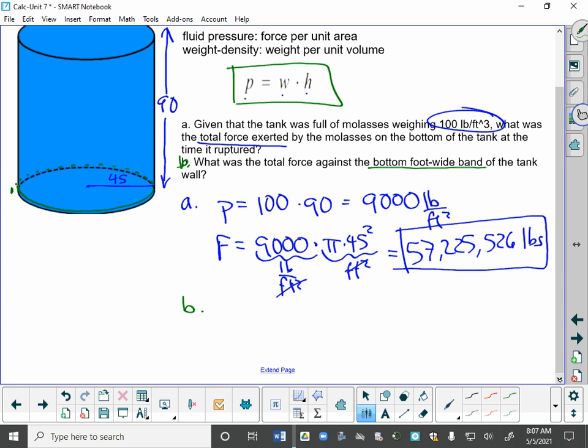We know here that the fluid pressure is going to be, if we were to take a sample slice, and we'll pretend this green one that I drew in there was the sample slice, then it is at a depth of, we'll call that D for the depth. See what direction we want to go with this problem.